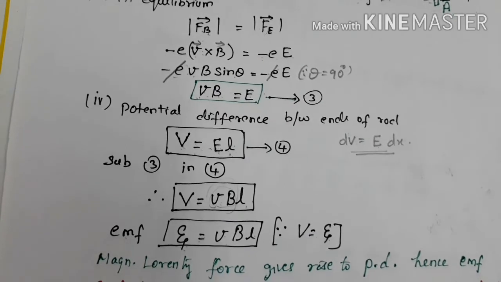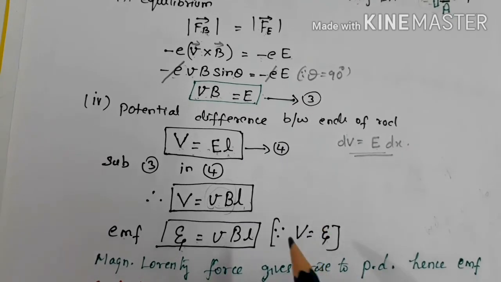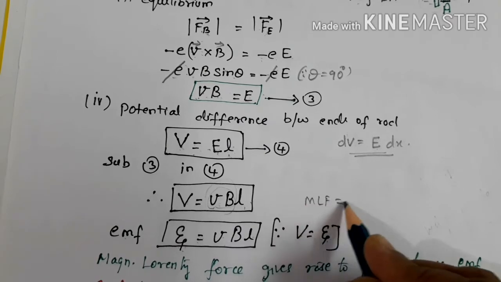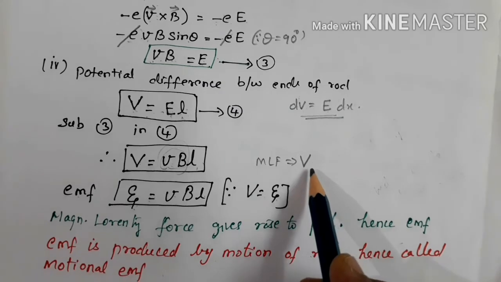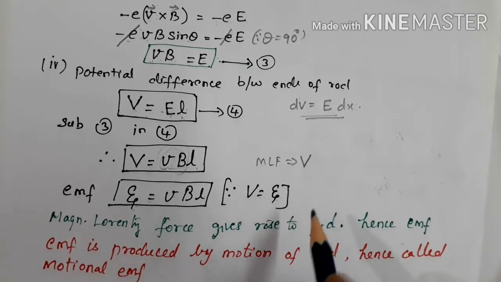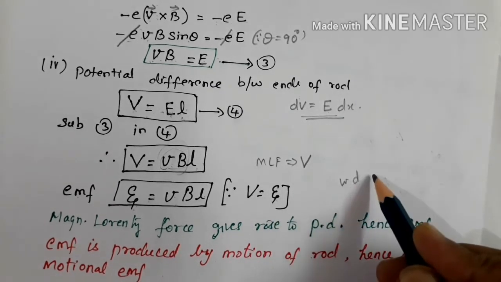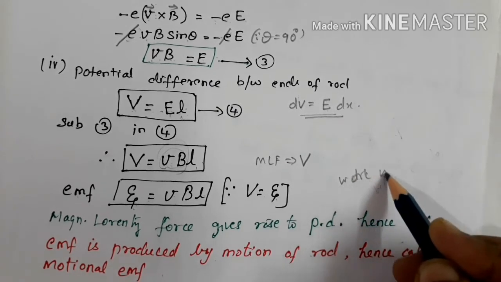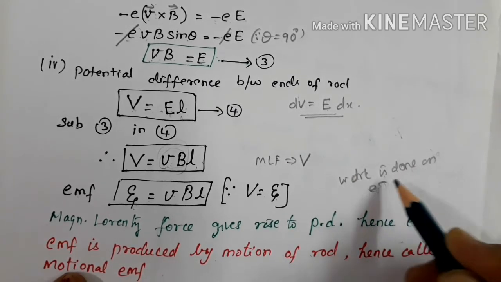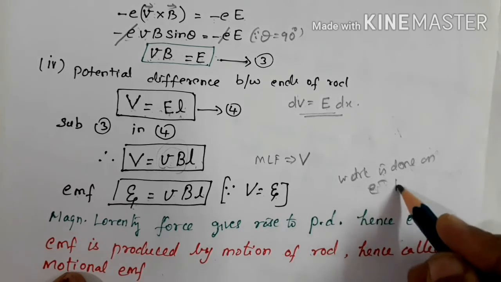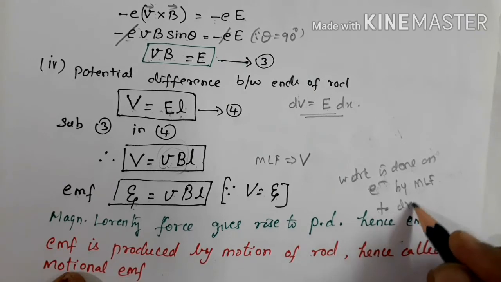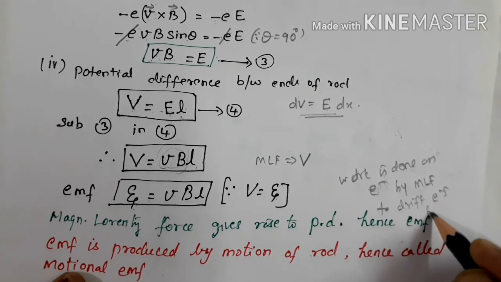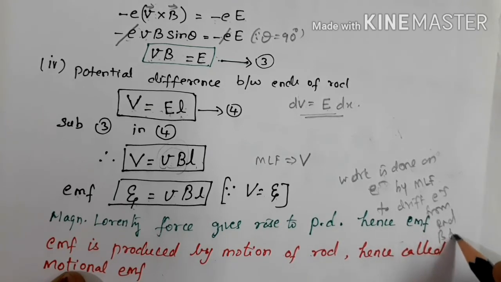Already you know what is meant by EMF, right? You have already discussed that the magnetic Lorentz force gives rise to the potential difference across the ends of the conductor. What is EMF? That is nothing but the work done on the electron by the magnetic Lorentz force to drift electrons from end B to A, right, children?